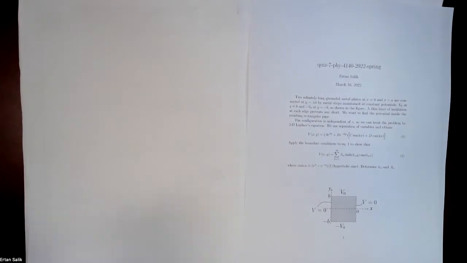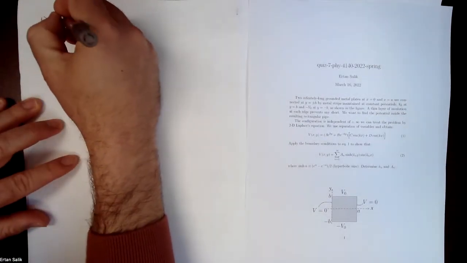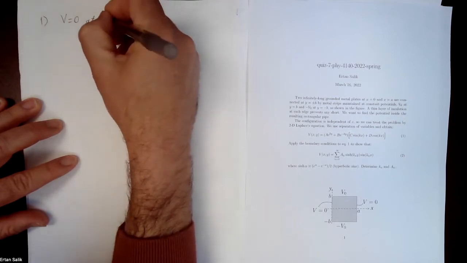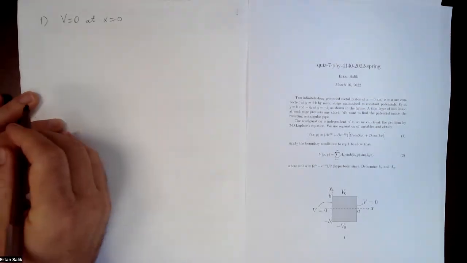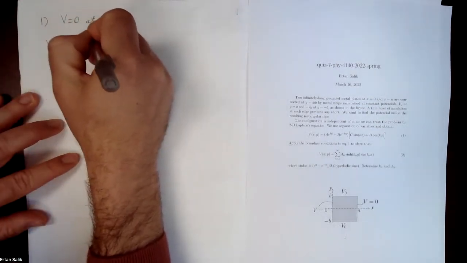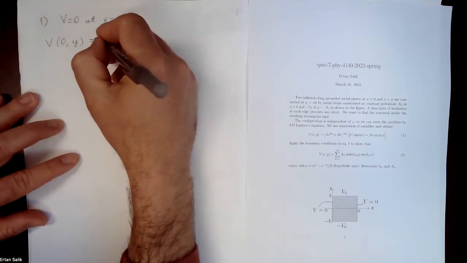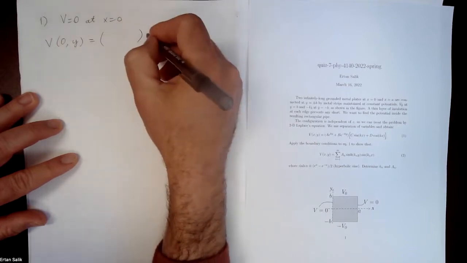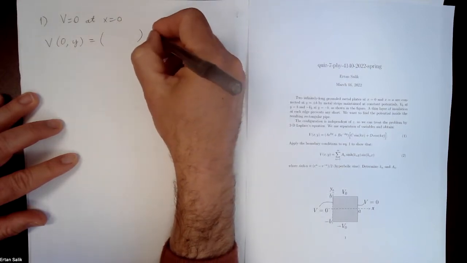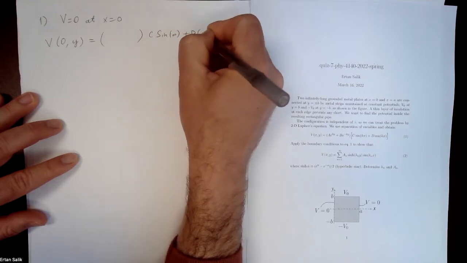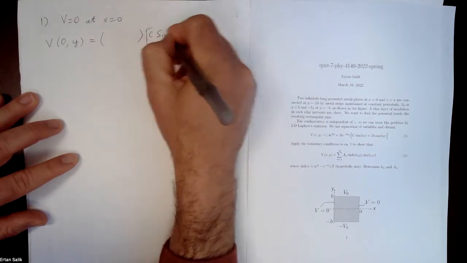So the first boundary condition is V equals 0 at x equals 0, right? So then I'm going to write V(0,y) is equal to, and the y part we don't have to worry about in this case, C sine of 0 plus D cosine of 0.